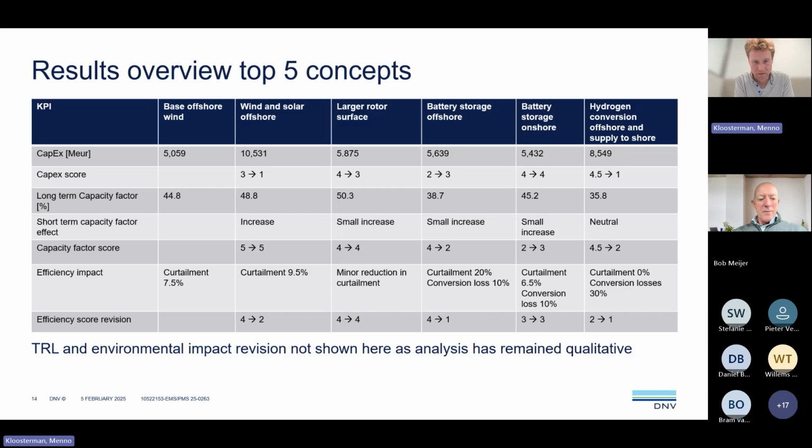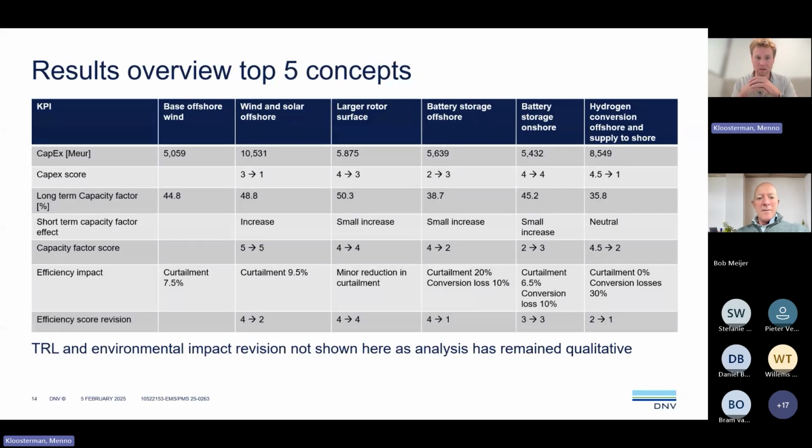That once we did a bit more deep dive, we could see quite some shifts in the initial scores that we gave. And the reason is also in some concepts explained that it depends strongly on what was the initial concept that we looked at in the qualitative phase.